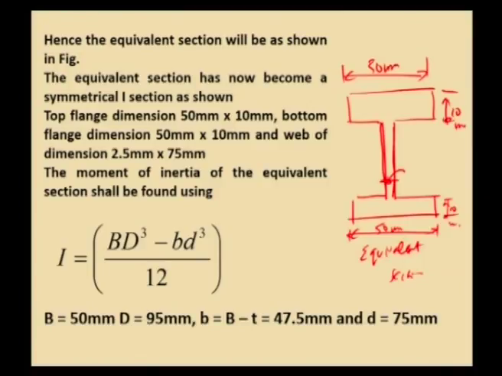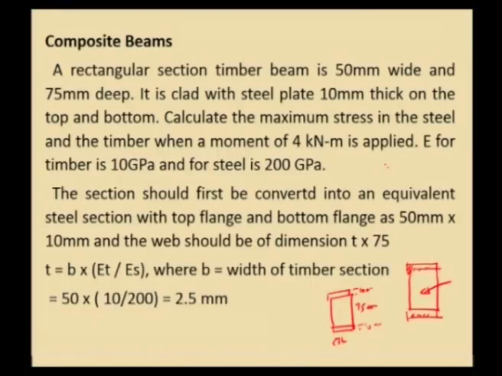The thickness of the equivalent section will be computed using the formula: the width B multiplied by E_t by E_s, where B is equal to the width of the timber section. The width of the timber section is 50 mm. So, 50 multiplied by the Young's modulus of timber divided by Young's modulus of steel, which are given in the problem.